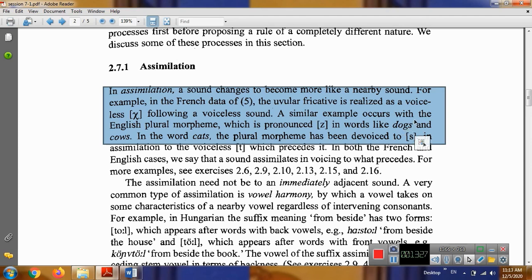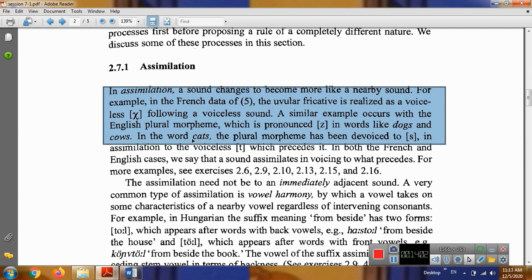Here we have the plural form, and because we have the voiced sound, this sound becomes voiced and similar to its nearby sound, and we pronounce it as dogs. And here we have a glide, and this sound becomes voiced like that glide, in cows.